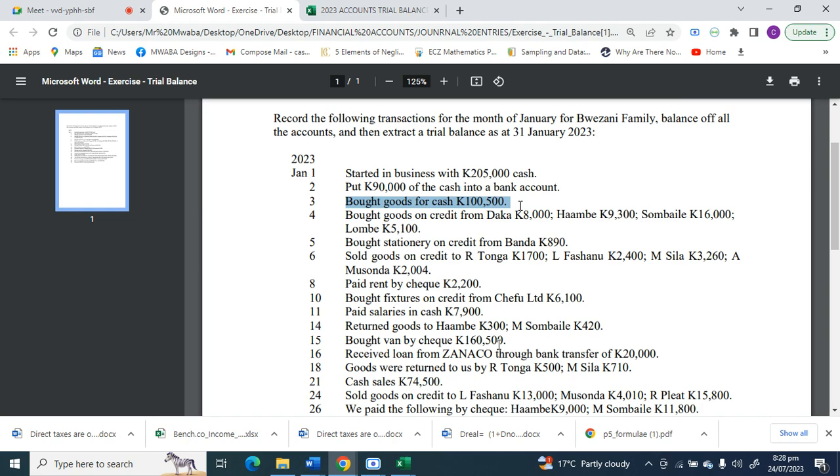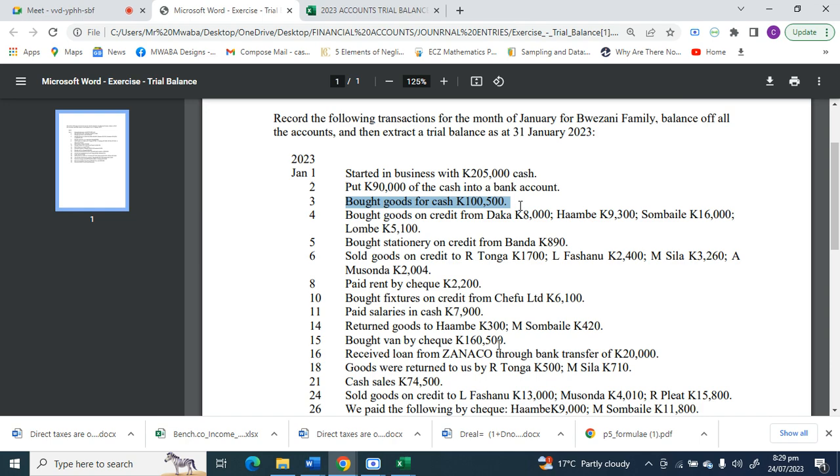I just wanted to adjust your last statement. So purchases is an expense. Colleagues, remember this rule. Whenever you incur an expense, you debit the expense. Whenever you incur an expense, you debit the expense.